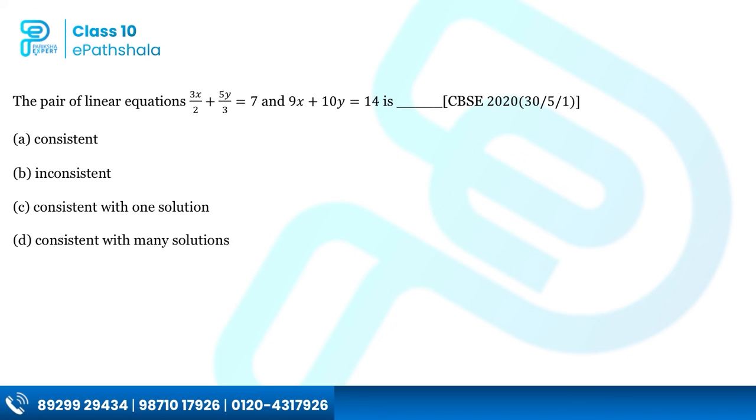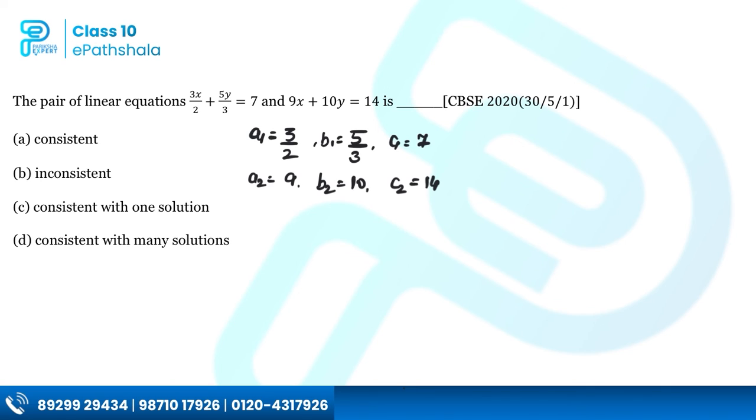So let us check what is the ratio for a1 upon a2 and b1 upon b2. Here a1 is given as 3 by 2, b1 is given as 5 by 3 and c1 is given as 7. A2 for the second line is given as 9, b2 is given as 10, c2 is given as 14.